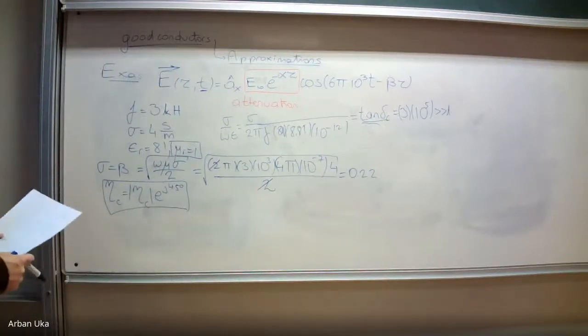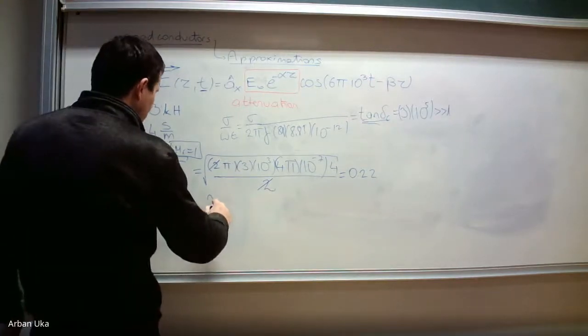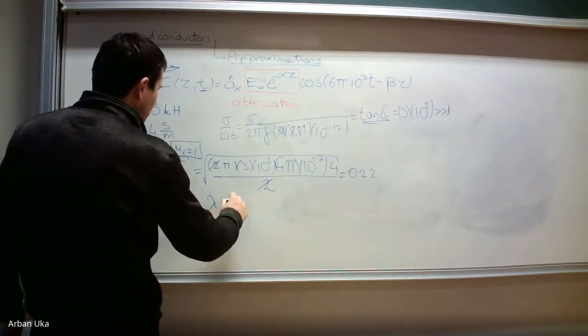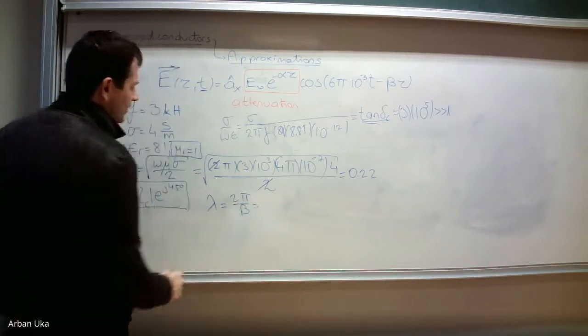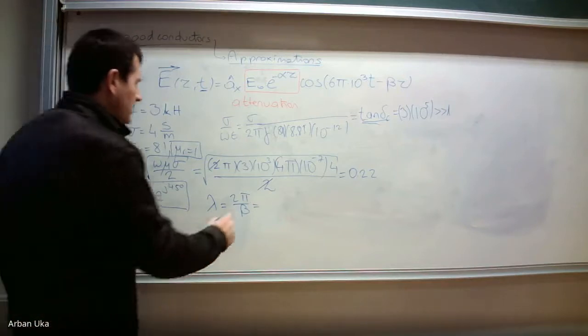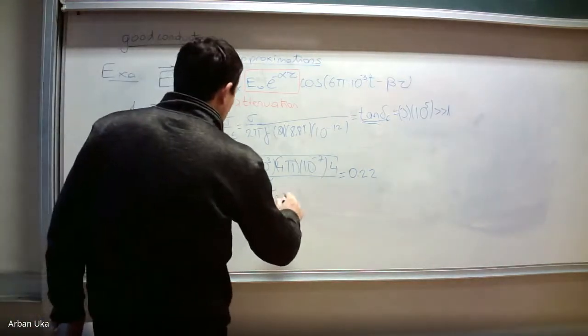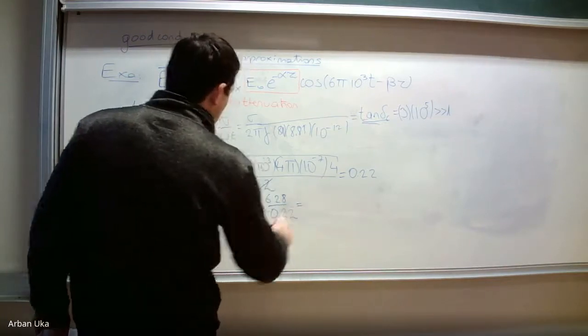Now, once we have this, the next parameter that we can easily figure out is the lambda, which is 2 pi over beta, okay? So this is the lambda. The lambda then is going to be 6.28 divided by 0.22, okay?